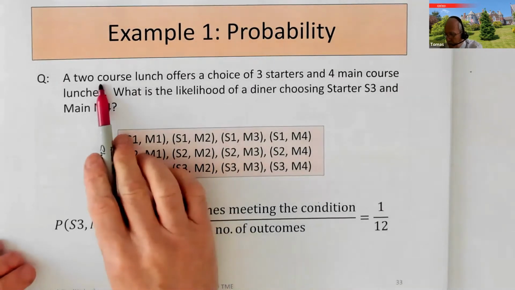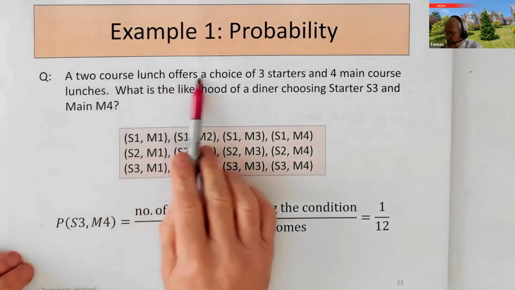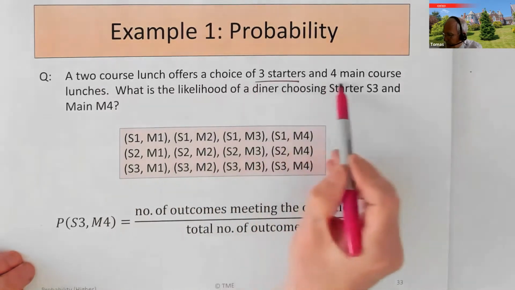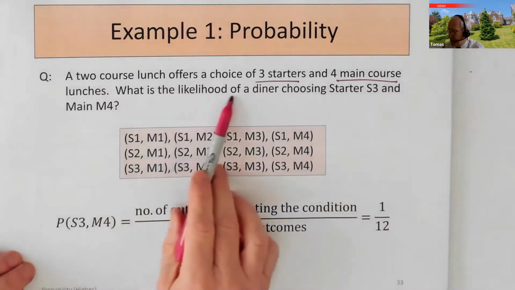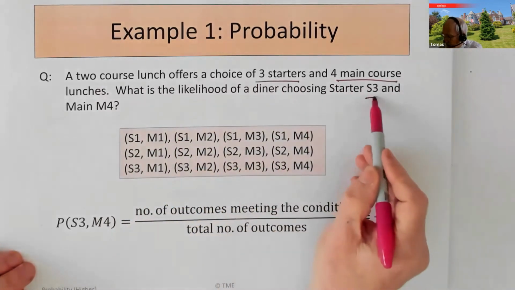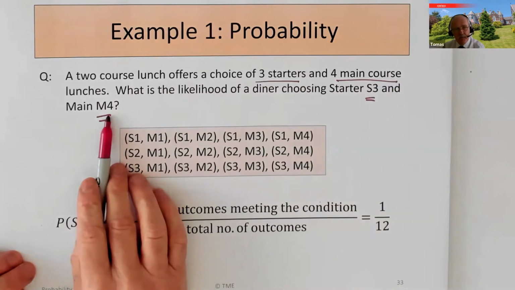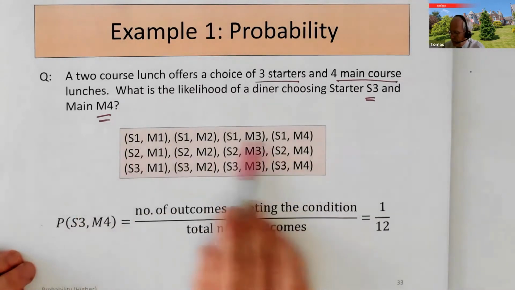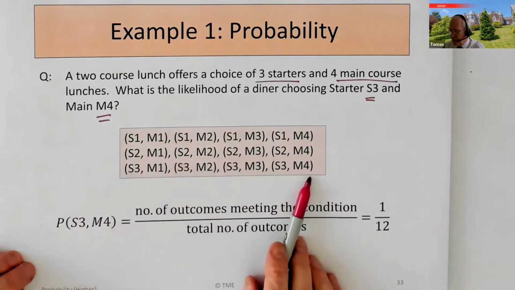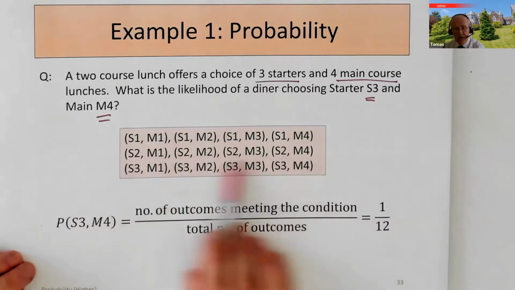So here we go with the probabilities. A 2-course lunch offers a choice of 3 starters and 4 main courses. What is the likelihood of a diner choosing starter 3 and main 4? Starter 3 and main 4. Well, here are all the outcomes. If you were asked to draw the sample space, you would just write it all out like this.